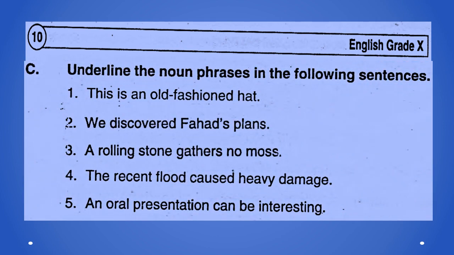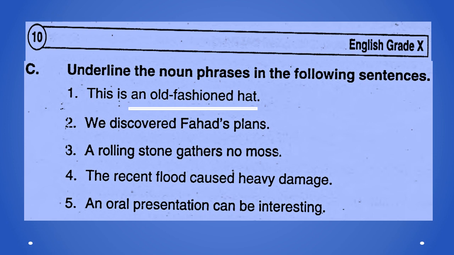Exercise C says: underline the noun phrases in the following sentences. 1. This is an old-fashioned hat. In this sentence, an old-fashioned hat is a noun phrase. Hat is the head word and an old-fashioned are pre-modifiers.